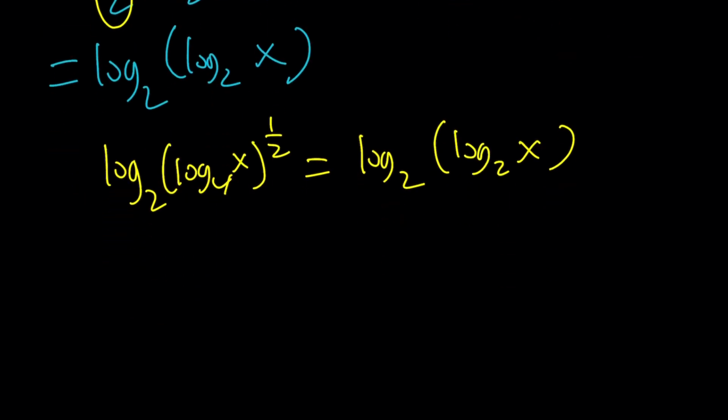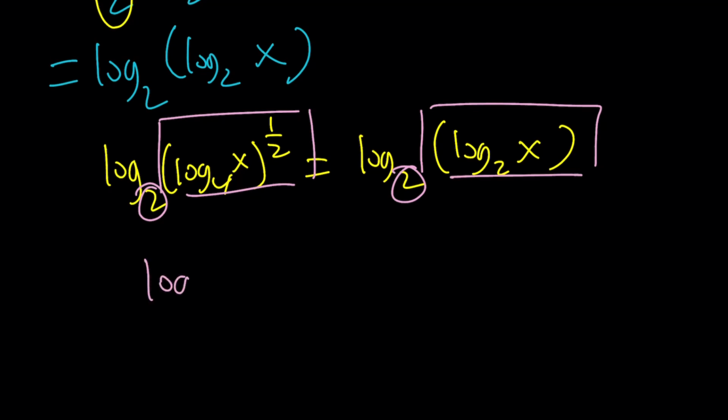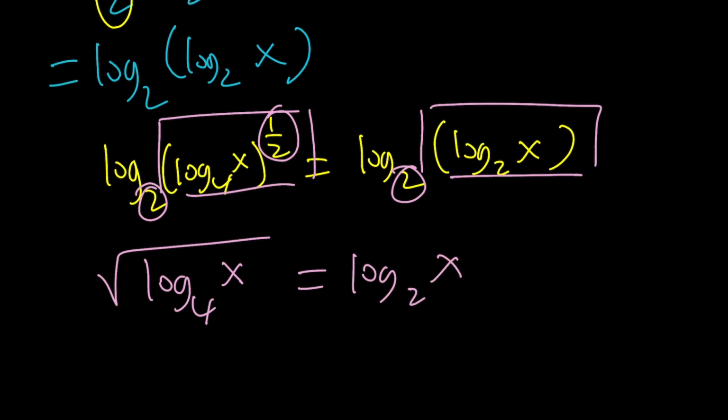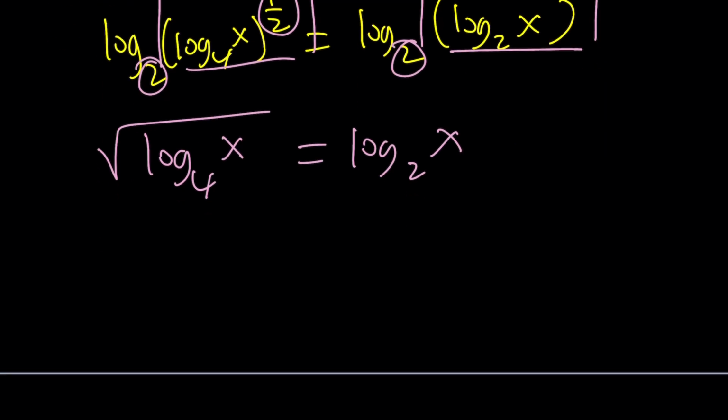Notice that this is all being done because I want to get an equation with the same bases. Makes sense? Cool. Now the arguments have to be the same, so these are the arguments. In other words, log x with base 4. 1/2 basically means square root, so I'm going to write it like that. And now to solve this problem, I want to square both sides. That makes sense, right? Let's get rid of the radical.